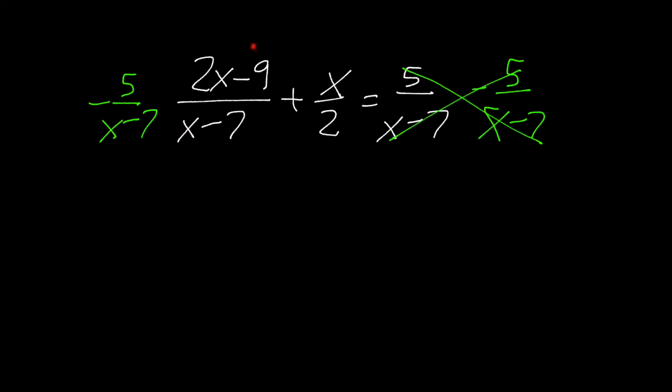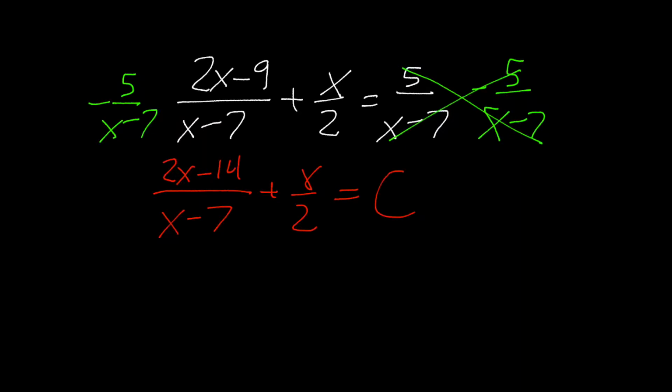It's only going to apply to this piece because they have common denominators. So I'm still going to have x minus 7 on the bottom, and 2x minus 9 is going to become 2x minus 14 plus x over 2 now equals 0.